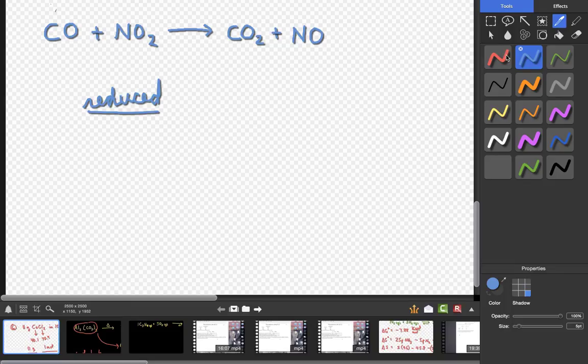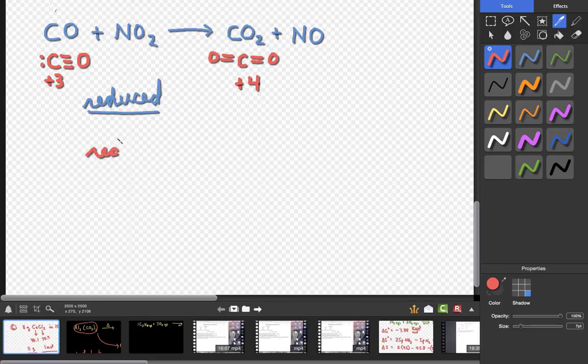So if we look at carbon, carbon in carbon monoxide is making 3 bonds to atoms more electronegative than itself. That is an oxidation state of +3. And in CO2, carbon is making 4 bonds to oxygen. That is an oxidation state of +4.